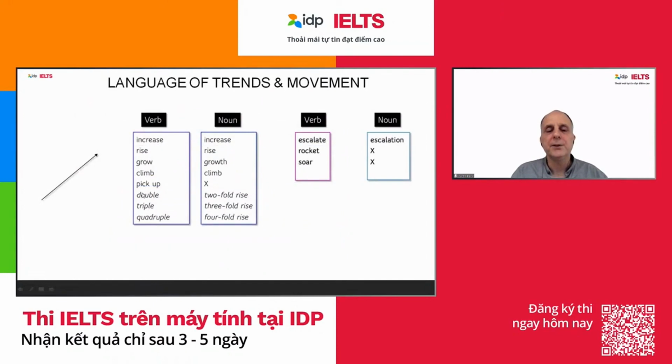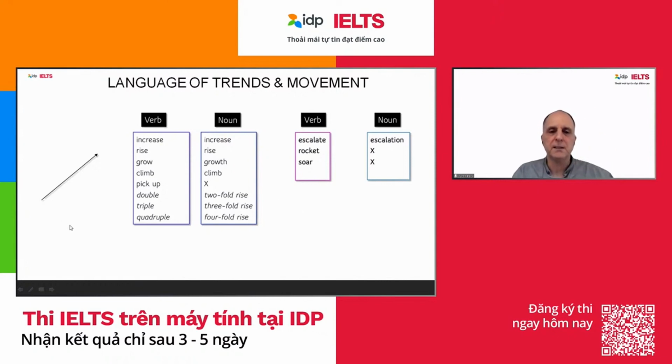Many of you who've been studying should be familiar with these phrases when you do the test soon. These are good phrases: a two-fold rise, four-fold rise, quadruple. These are stronger ones of the escalate, soar, any of these.